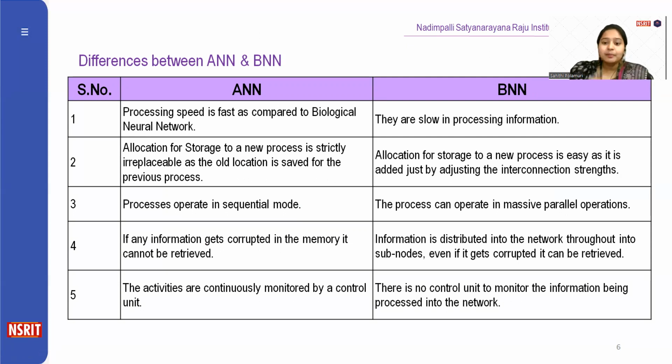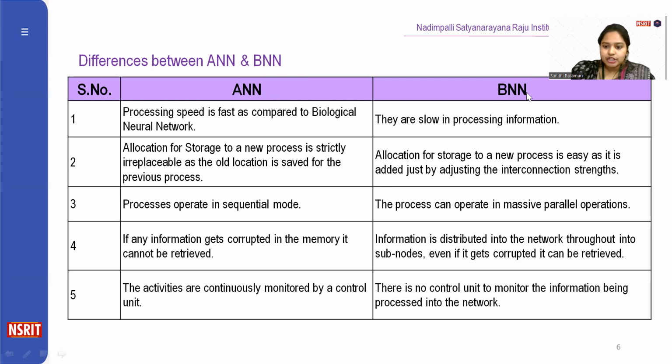It's quite fast, but compared to ANN, BNN is quite slow. And allocation of storage in biological neural networks is very easy, whereas in ANN, storage allocation for new processes is strictly irreplaceable.